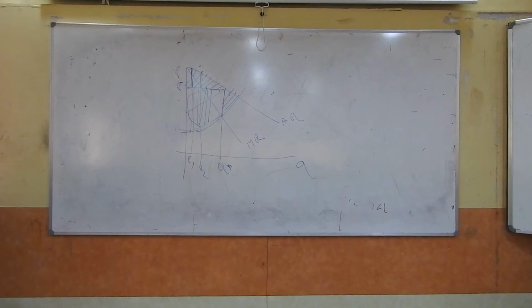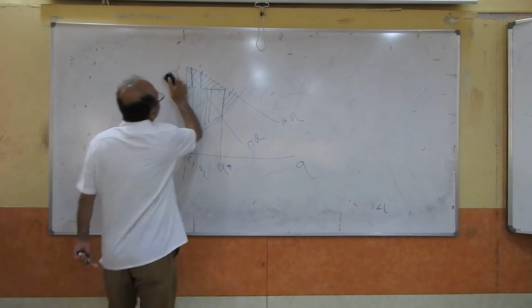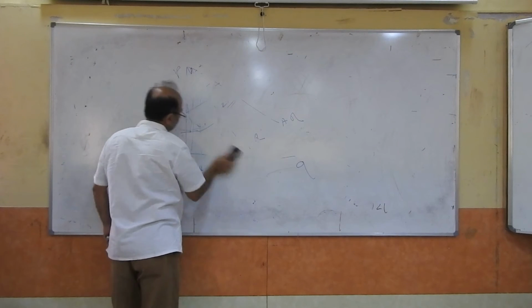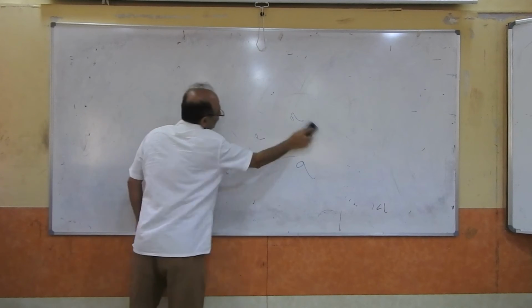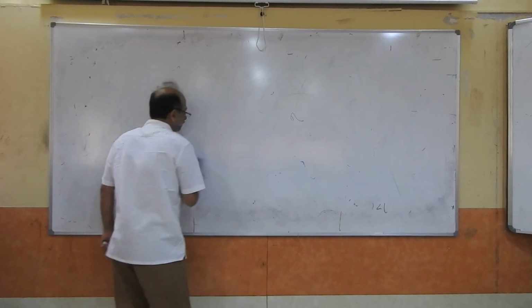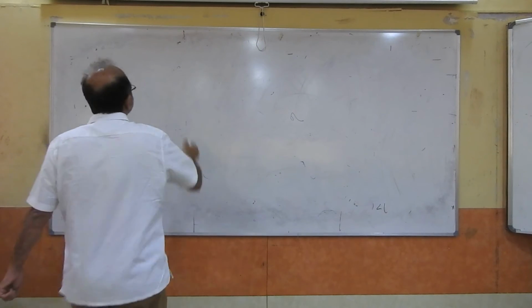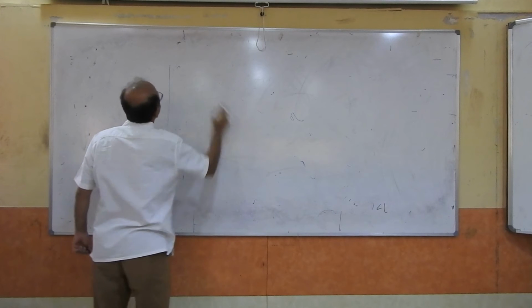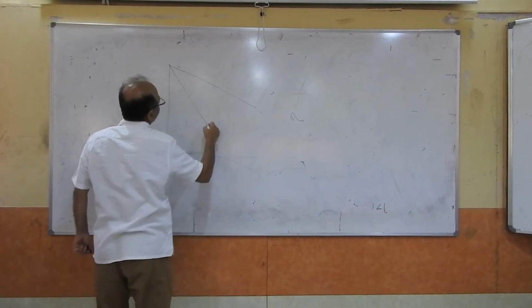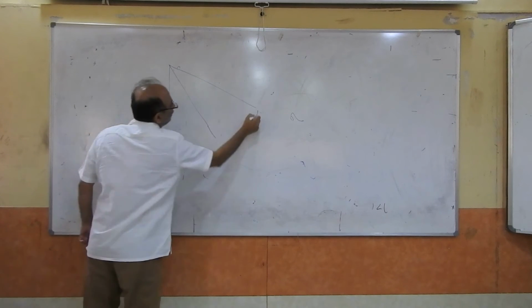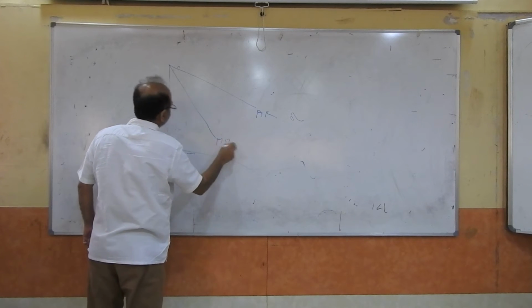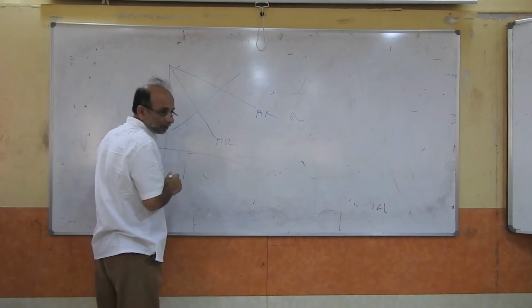If the monopolist knows the willingness of each consumer to purchase the commodity, what he can do is this. You have the demand curve, the average revenue curve, the marginal revenue curve, and the marginal cost curve.